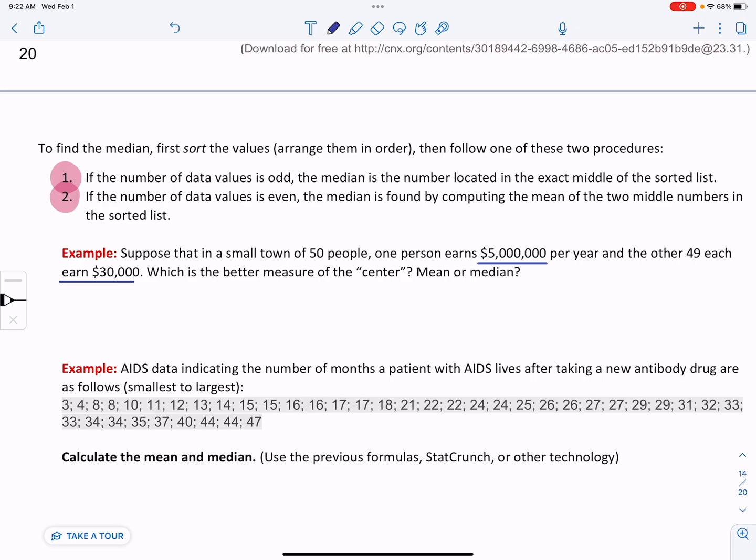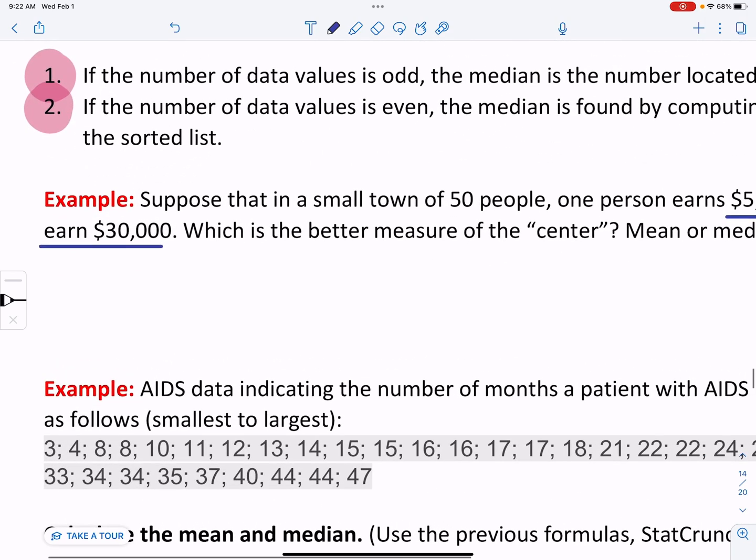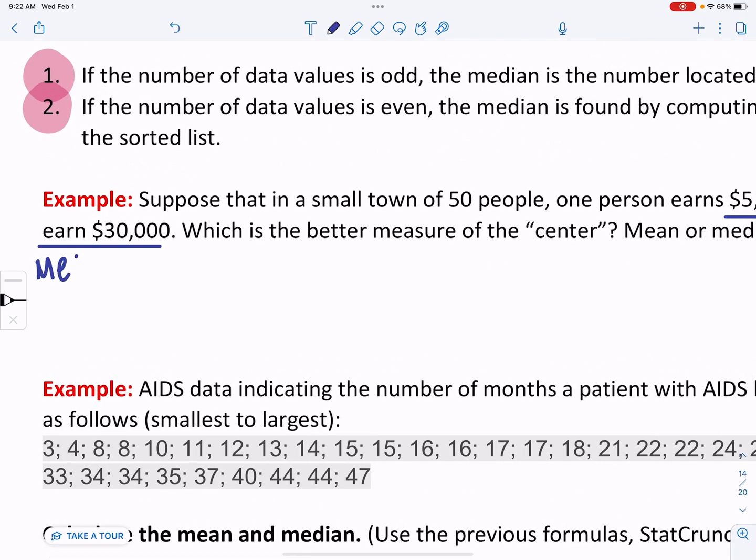Well, if we look at the median first, our X with the wiggle on top. If I make a list of 50 people, the first 49 entries in my data set are 30,000. The last one is 5 million. That means my median, the number right in the center of that data, is going to be the $30,000.